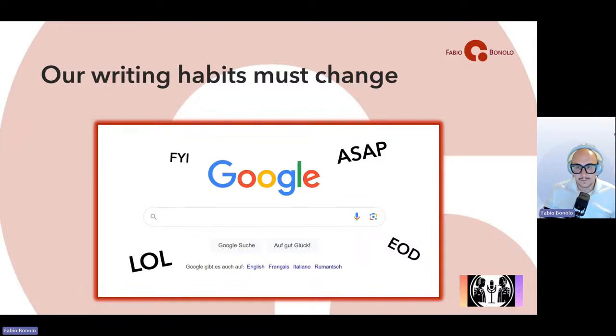Copilot does understand such acronyms, of course, but it is not helpful in terms of generating good responses. So when we are prompting, we should consider not using acronyms.